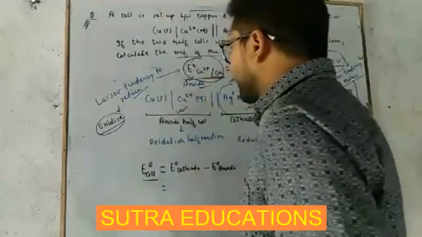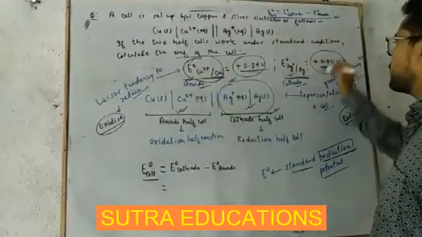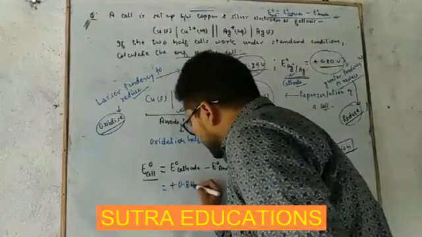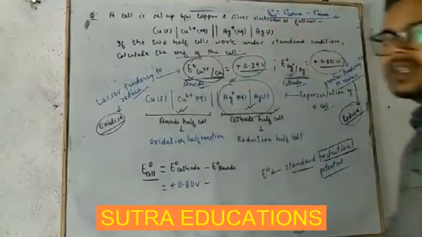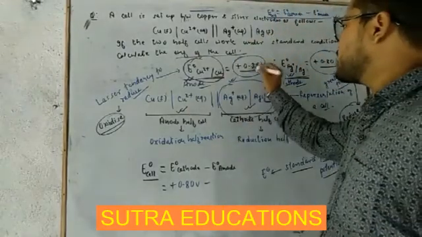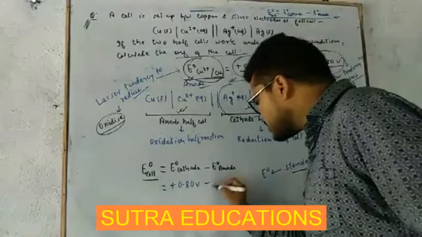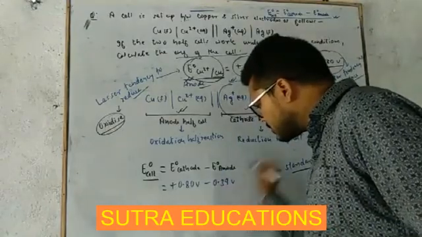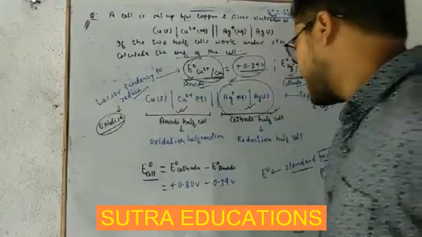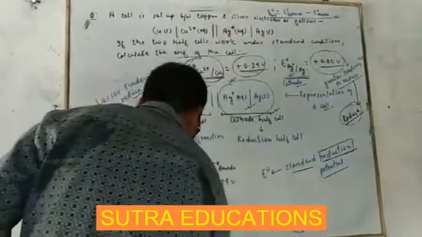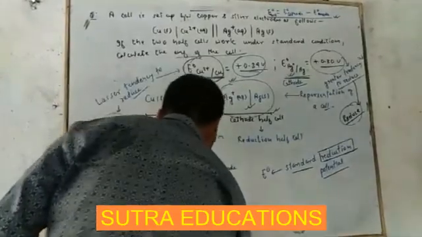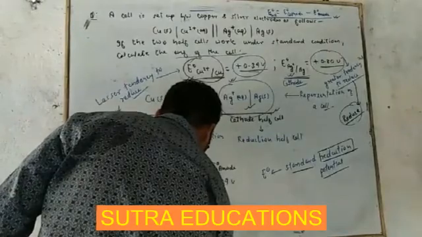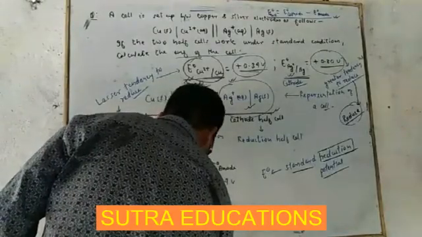So E naught cathode is given here, plus 0.80 volt, minus E naught anode. E naught anode is plus 0.34 volt. So minus 0.34 volt. So it is plus 0.46 volt.